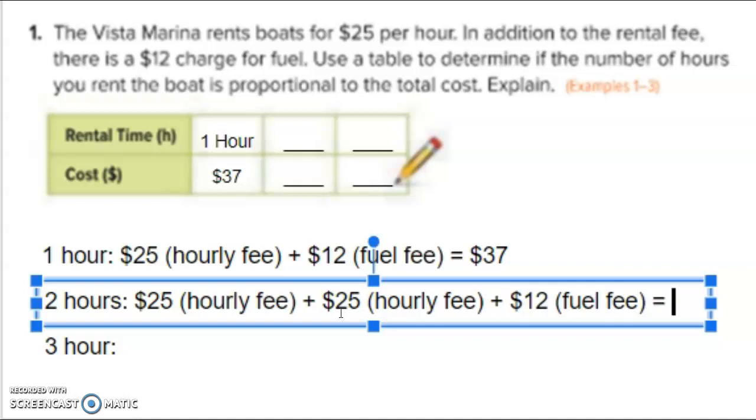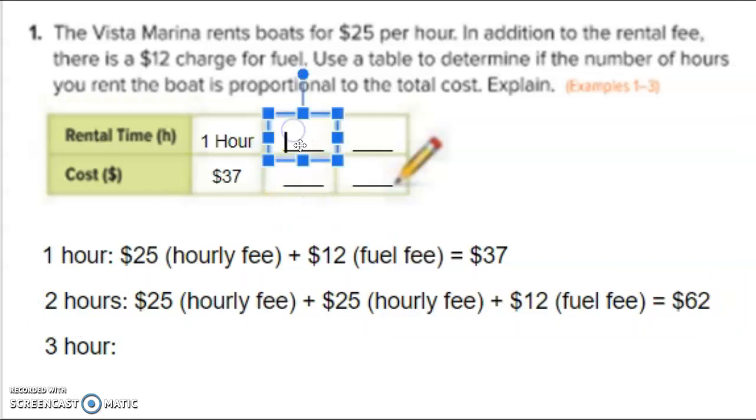And 25 plus 25 plus 12 should give me $62. Oh man, my box. All right, so in my table, I will have 2 hours. I can spell hours. And in my cost, I am going to put 62.